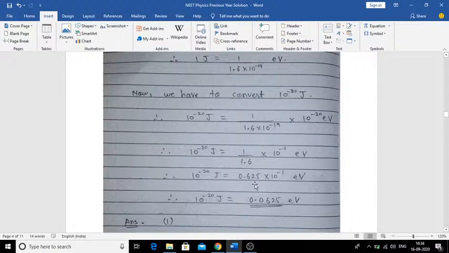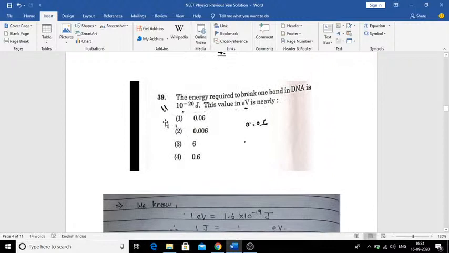On solving this we will get 0.625, and 10 raised to minus 1 is always there. So now this decimal will shift one more place to the left because it is minus 1. So this will become 0.0625 electron volt, and from here our right option will be option number 1. So this is our right option, that is 0.06.